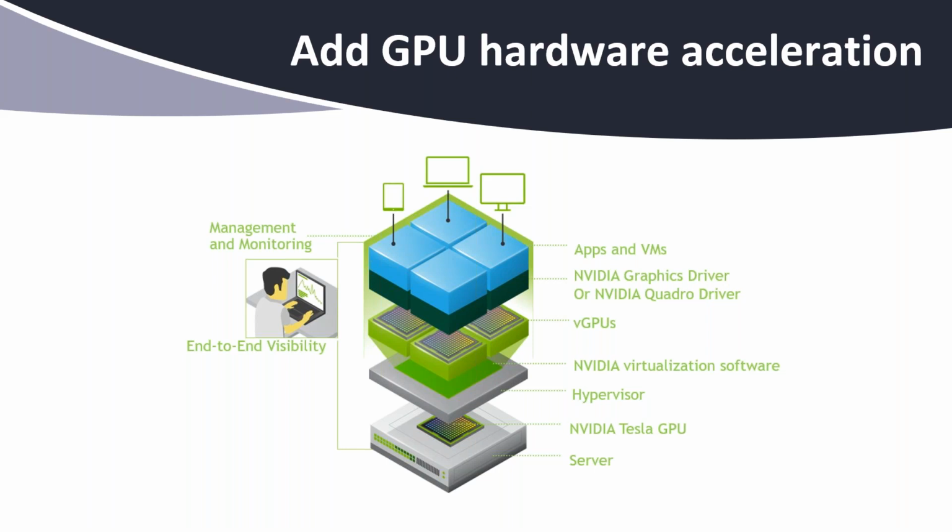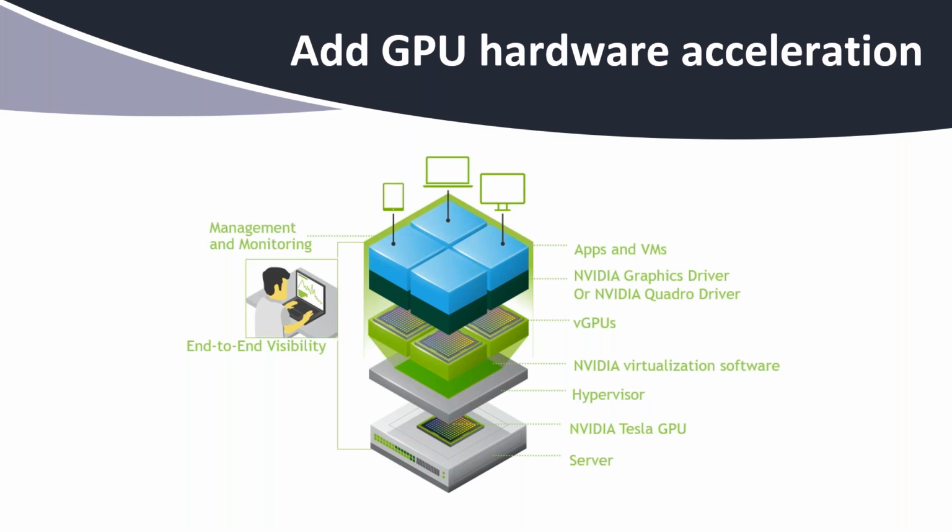And in the hypervisor, we install a small management pack of NVIDIA and virtualization software for the GPU. And due to that management pack, we can create virtual GPUs, just like you can do with a CPU. You can cut the GPU in different virtual pieces. And it's done based on the amount of GPU memory.